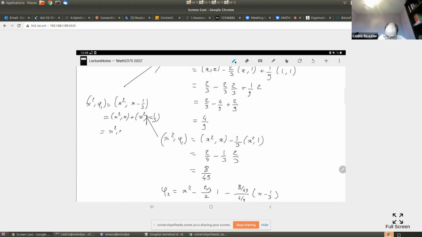So I get x squared x plus minus 1/3 x squared 1. And then these, we already know them, right? This is 2/5, and this is I think 2/3. Does that answer your question?